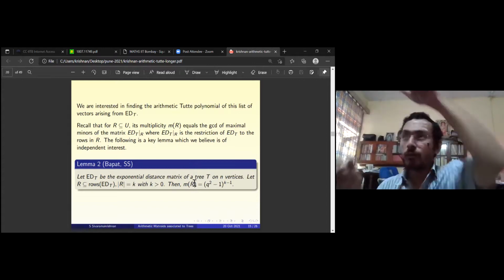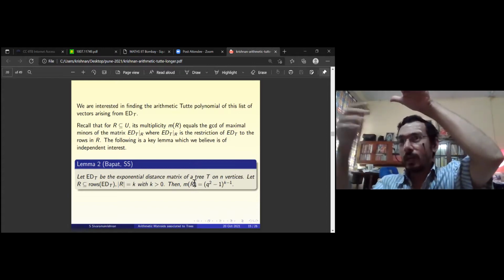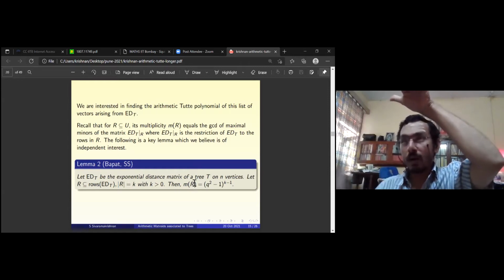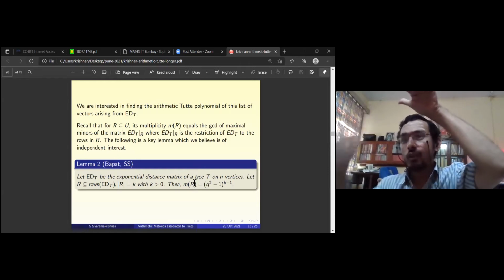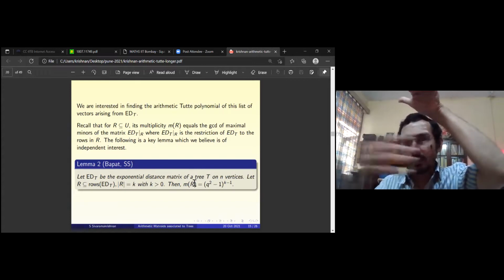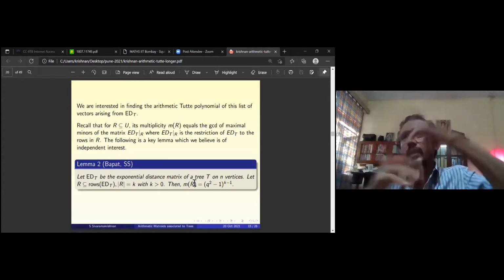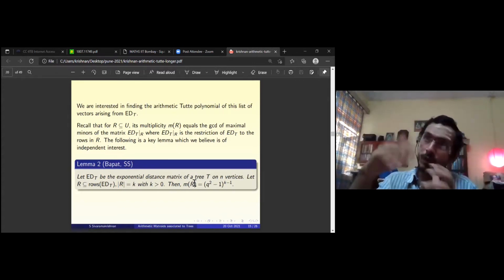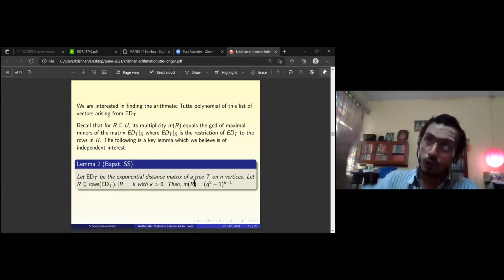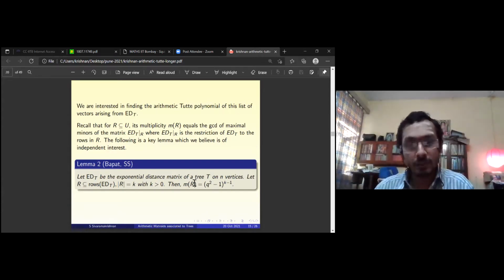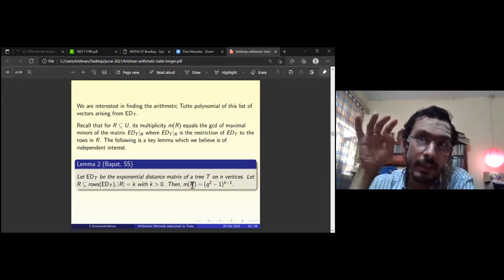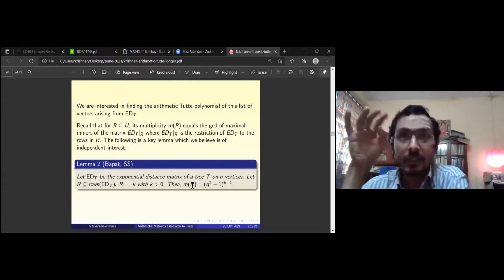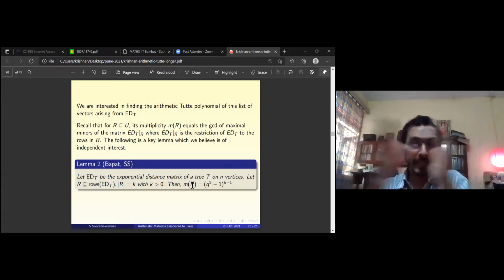So if you fix a set of R columns, look at some choice of R rows. There are n choose R choices for rows. That will give me an R by R matrix. You take the determinant and then take the GCD over all the n choose R choices for rows. So M of R is the GCD of the maximal minors, because the matrix itself has full rank.